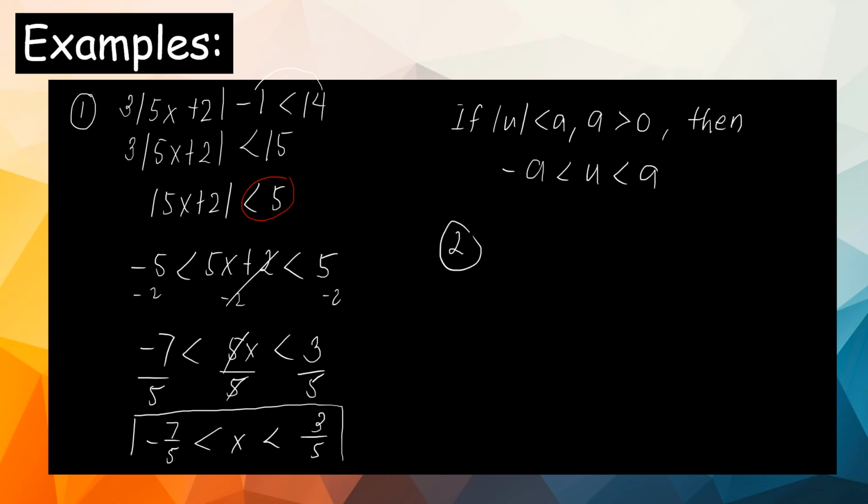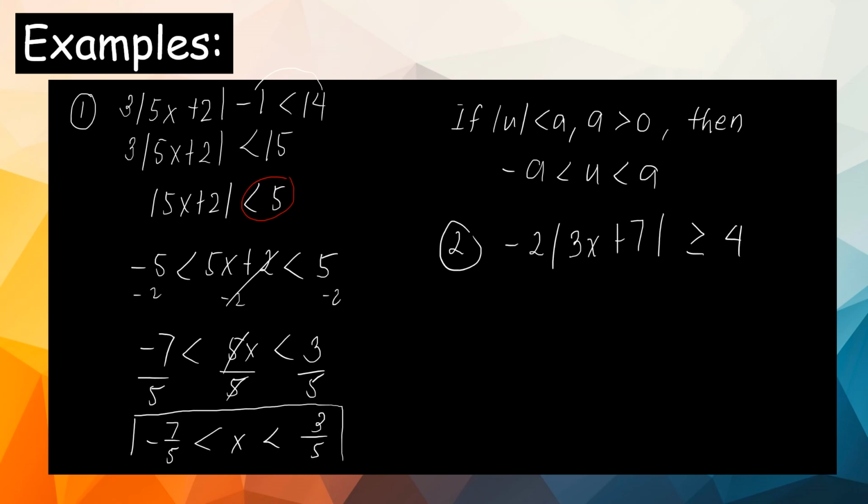Let's say we have negative 2 times the absolute value of 3x plus 7 is greater than or equal to 4. Okay, so again, do not go straight looking for the rule. Isolate first your absolute value. So here we still have negative 2, right?